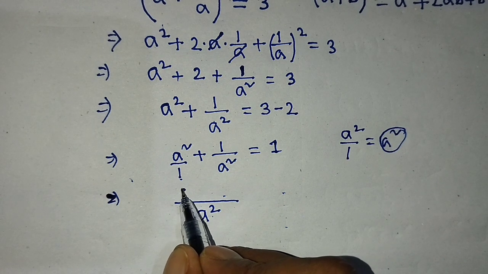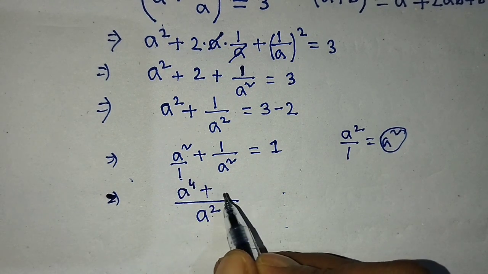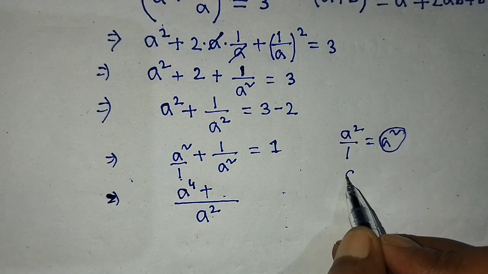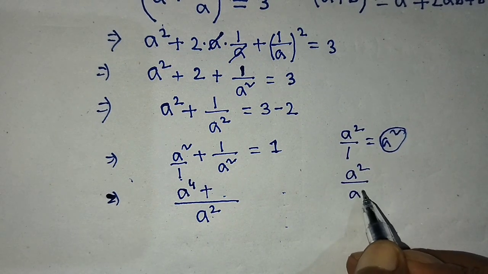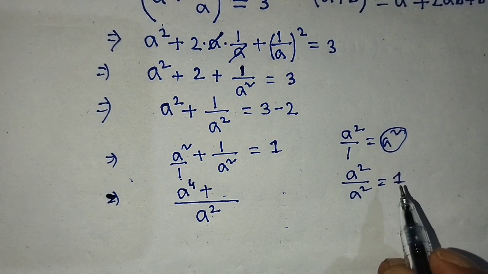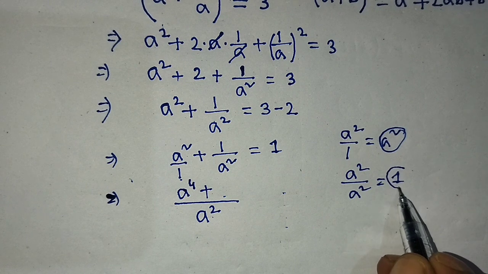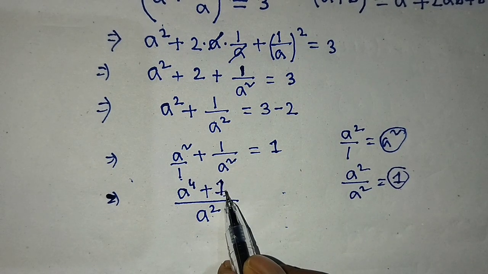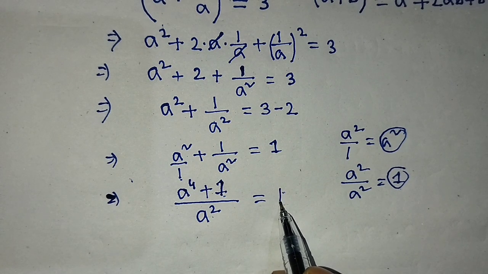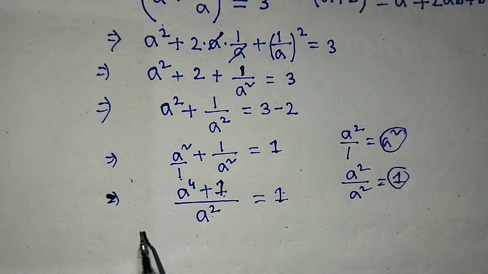So we can write a to the power 4 plus, if you divide the LCM by a square, then you get 1. A square over a square is 1, so we multiply this 1 with 1. So we write 1 is equal to, again 1 on the right hand side.